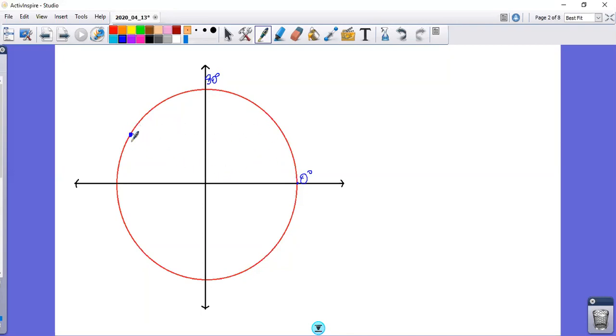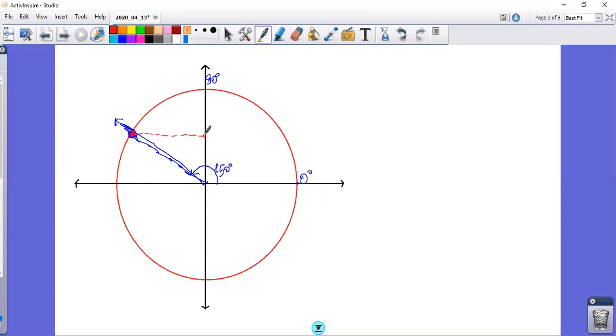So let me draw the terminal side. This angle is going to be 150 degrees, is that correct?